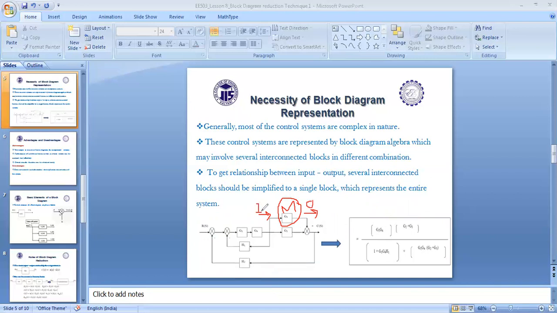So if you know for which input how much output is being produced, then the effectiveness of this motor can be analyzed. That is why it is written that individual blocks can be analyzed by block diagram representation, as well as the overall system can also be analyzed by the same system.